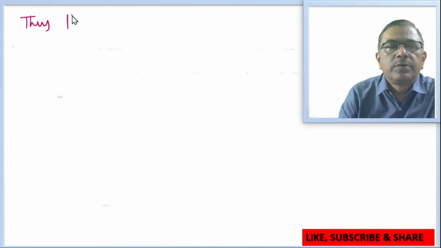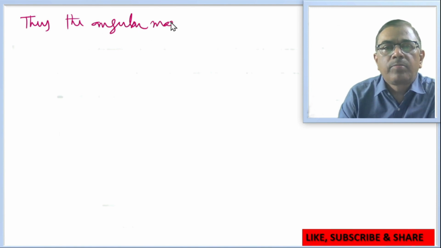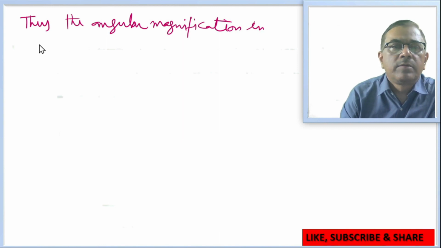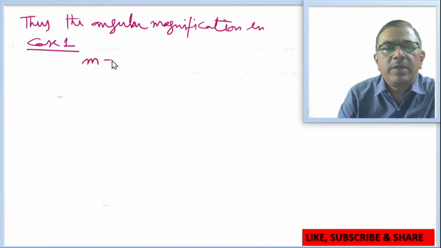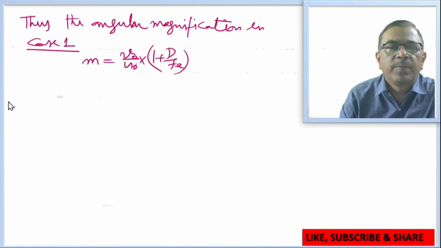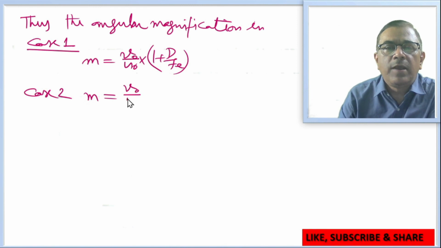Thus, the angular magnification in the first case is m equals VO by UO multiplied by 1 plus D by Fe, and in case 2, m is equal to VO by UO multiplied by D by Fe.